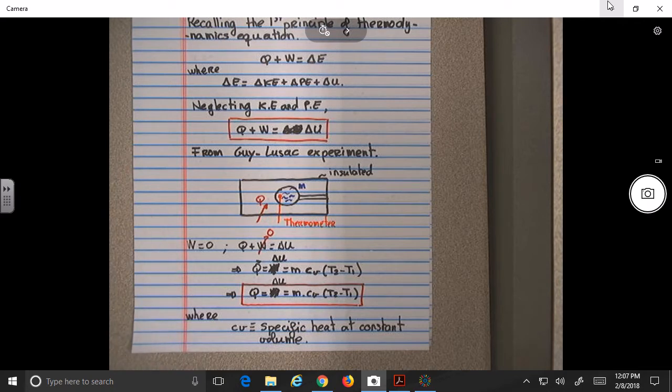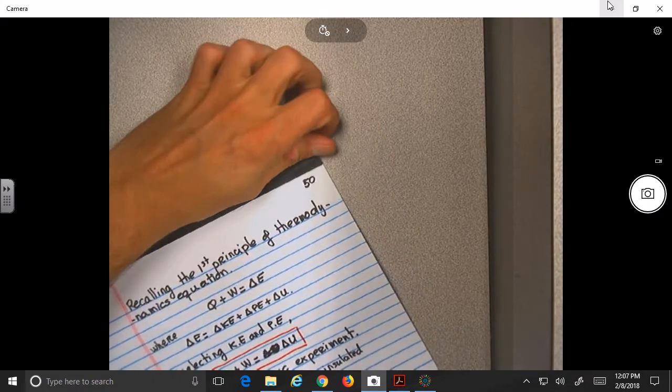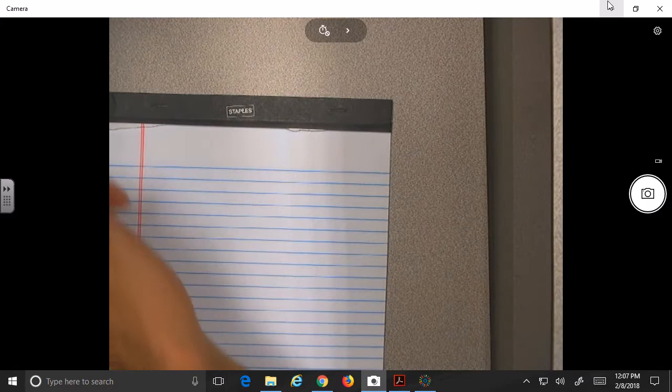Let me go to the next page. Here I'm going to rewrite the same thing again, but repetition is the way of learning as well.